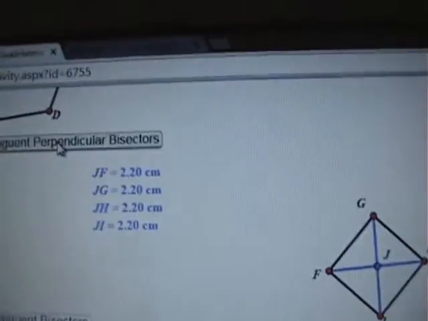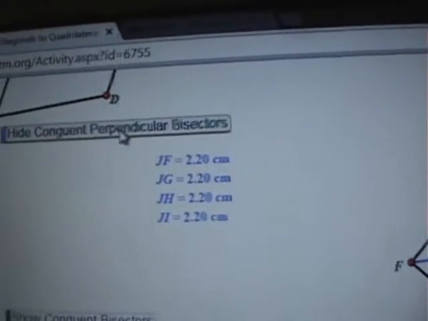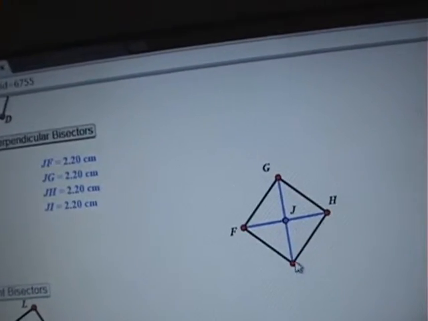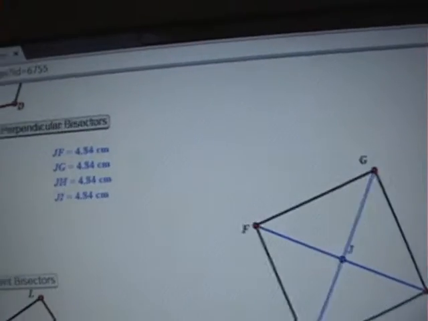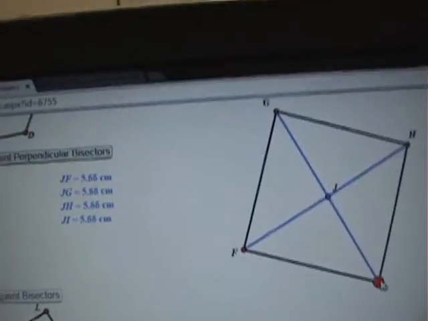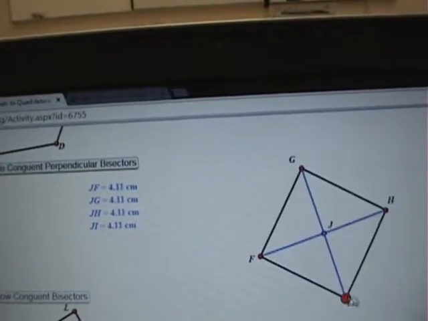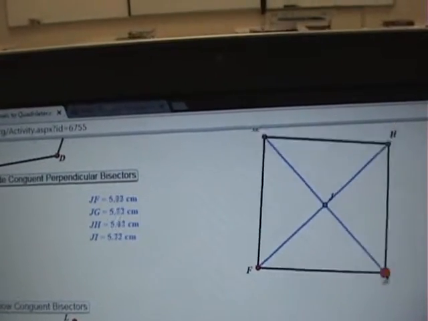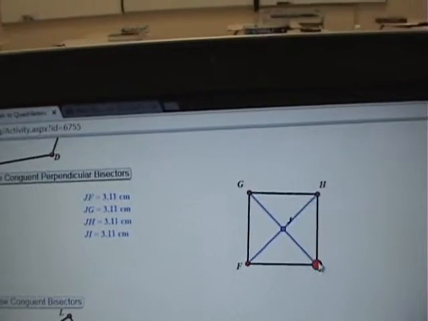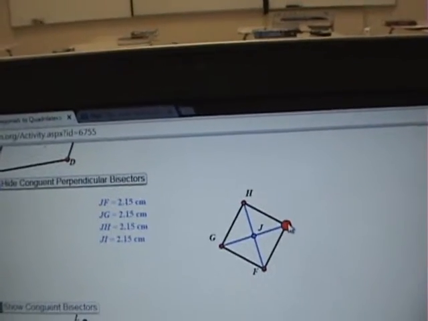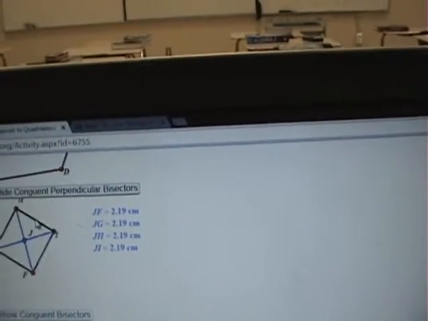Okay, now based on this, initially all of the perpendicular bisectors are congruent. Okay, and no matter what I do to the size of a square, they're going to be. Okay, I rotate it, stretch it out. Okay, but it stays the same, that all four sides, or all four perpendicular bisectors, I should say, are always going to be congruent.